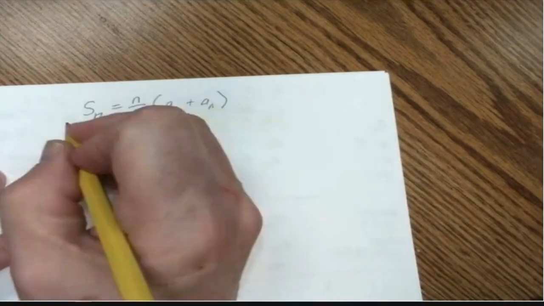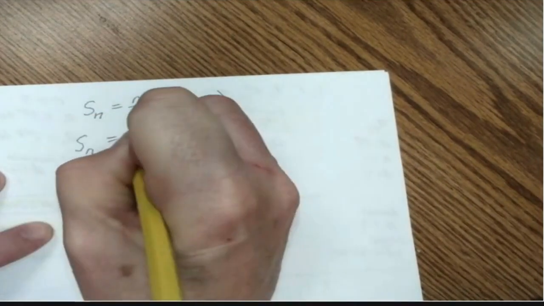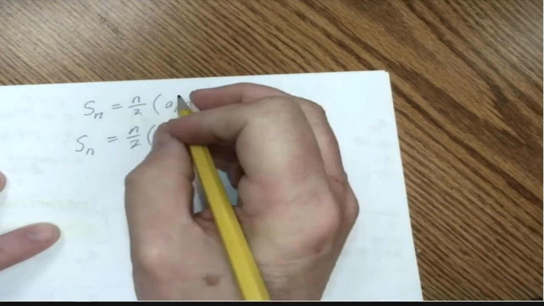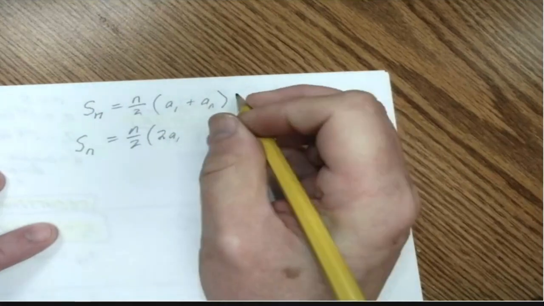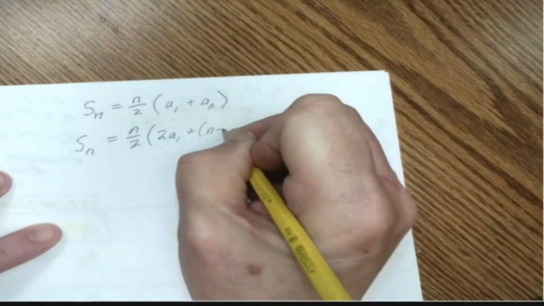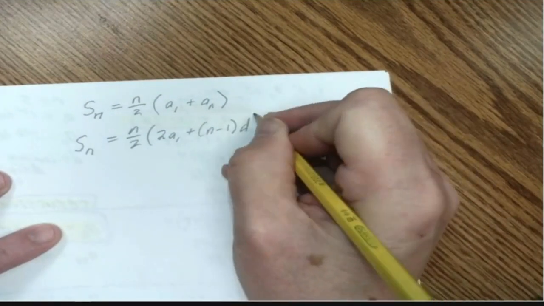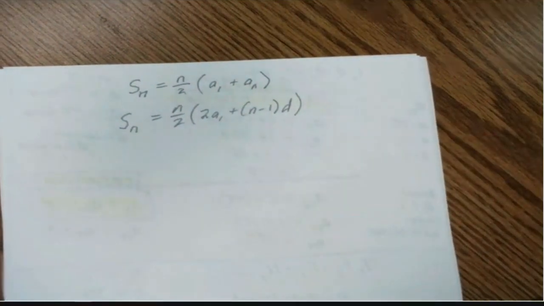Okay, this is one of them, and they have different situations that you use them in. So there's 2 different formulas. Two A1 plus N minus 1 D. Okay, let's talk about this.